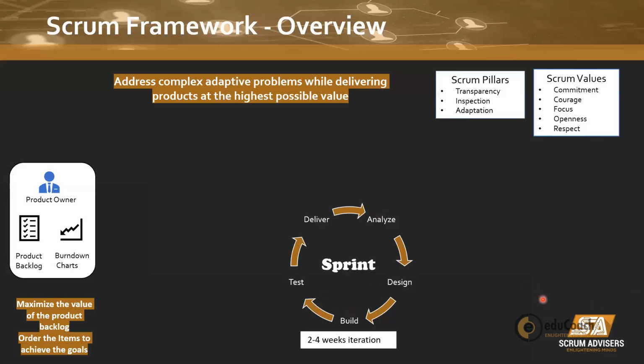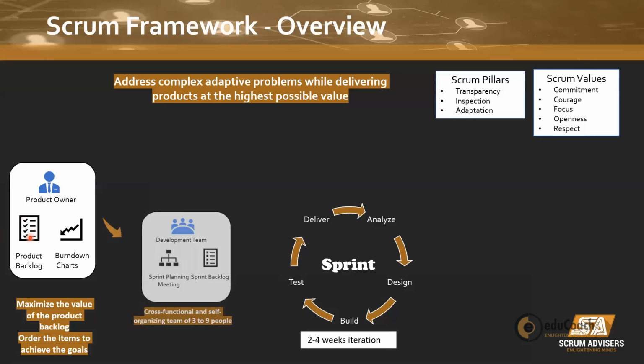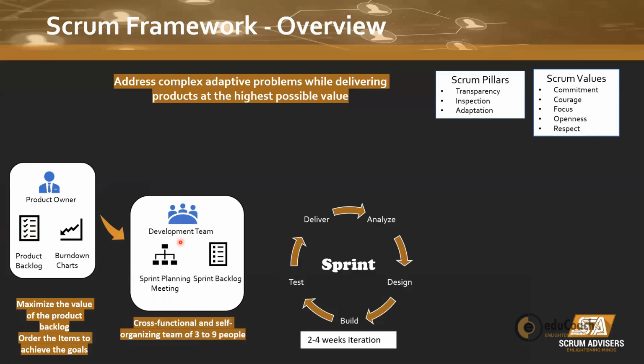The scope of the project is defined in the product backlog. It is also the remaining scope of the product, because the items in the product backlog keep reducing as we pick up these items and place them in the sprint backlog for execution.